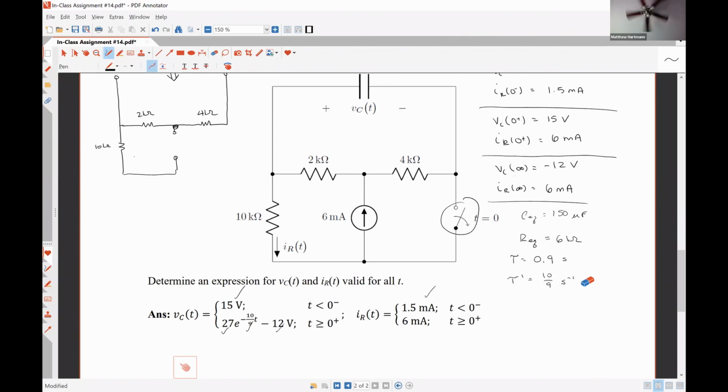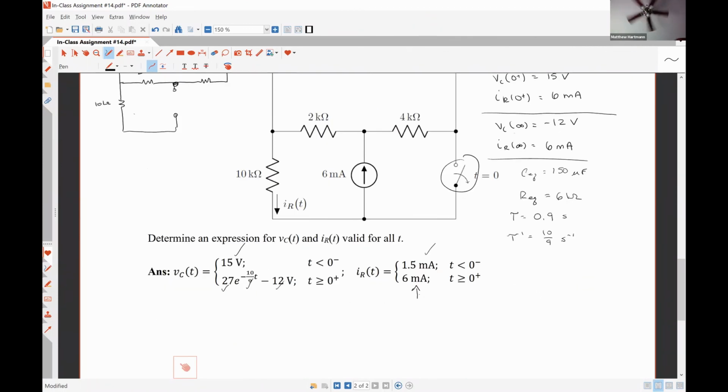Let me explain why this constant value is IR at 0 plus minus IR at infinity, times e to the minus t over tau, plus IR at infinity. So if IR at 0 plus was 6 milliamps and IR at infinity was 6 milliamps, we have 0 multiplied by the exponential function, which is why we're only getting this DC term.